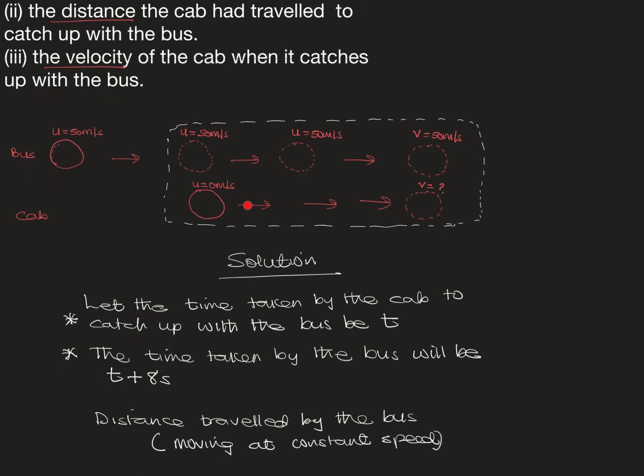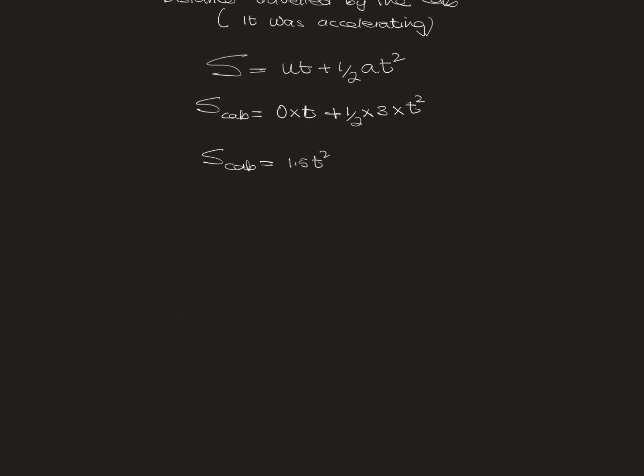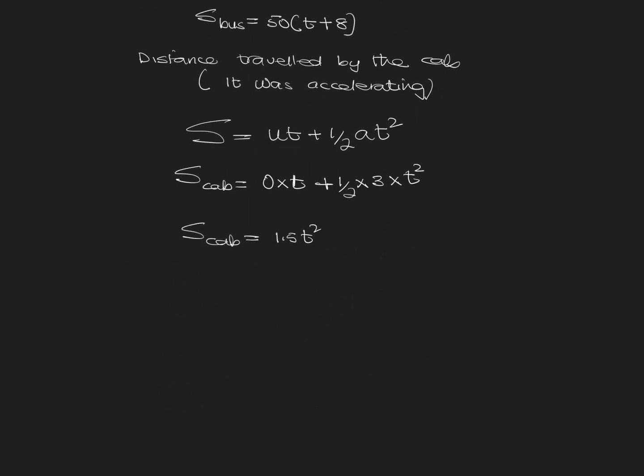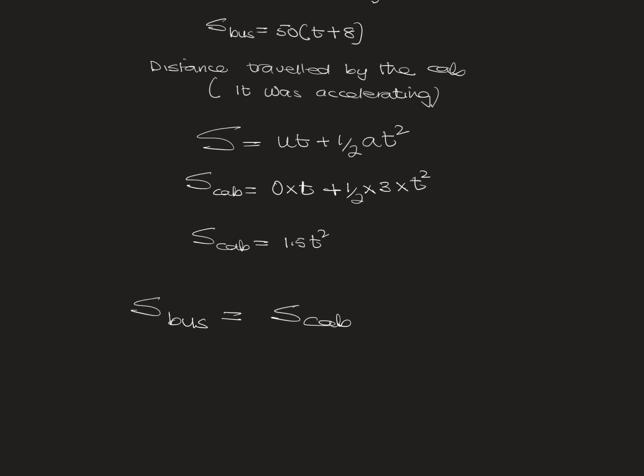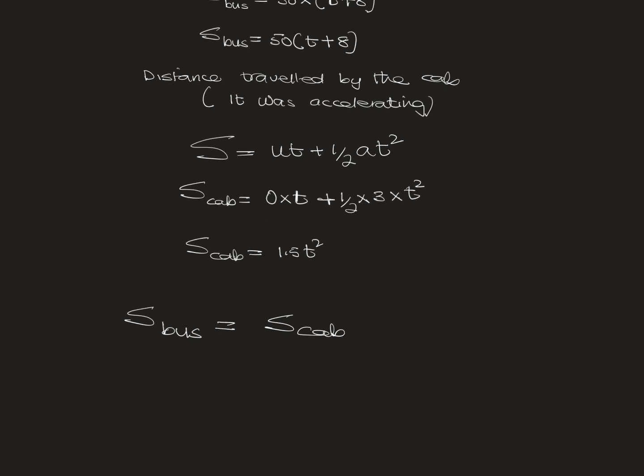So what we know from the diagram is that for the cab to catch up with the bus, they have to travel equal distances, okay? So the distance traveled by the bus is equal to the distance traveled by the cab, all right? What is the equation we have for the bus?